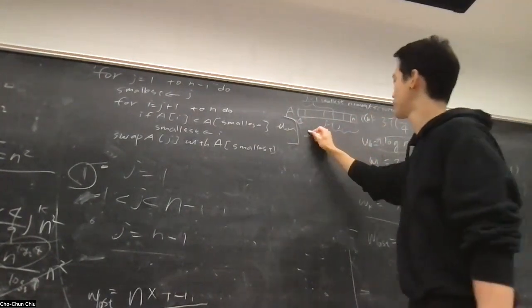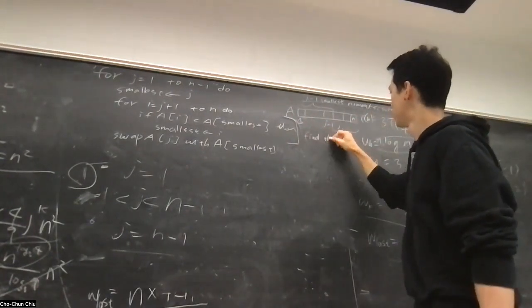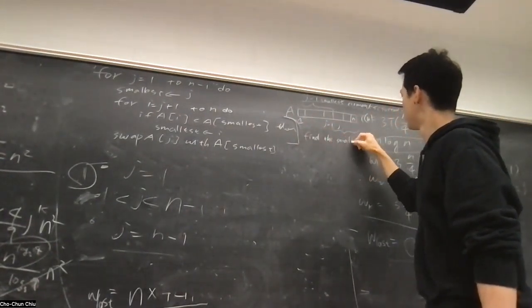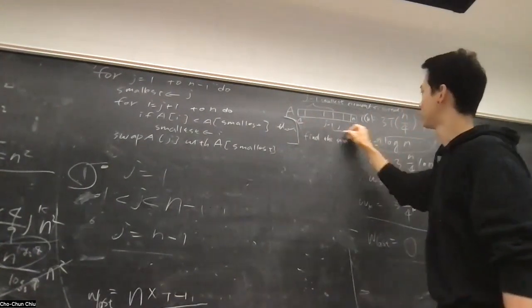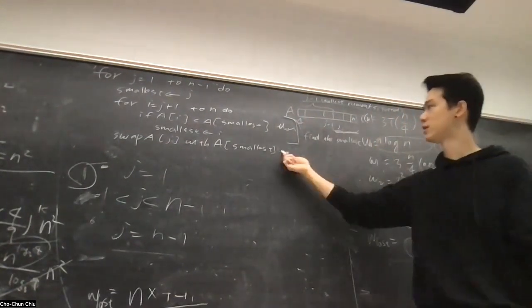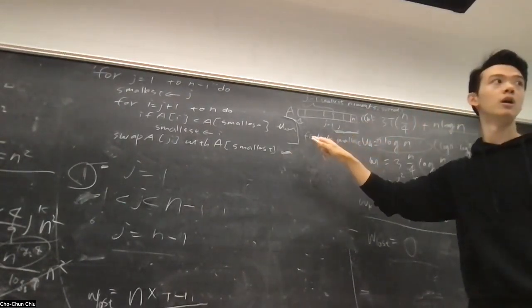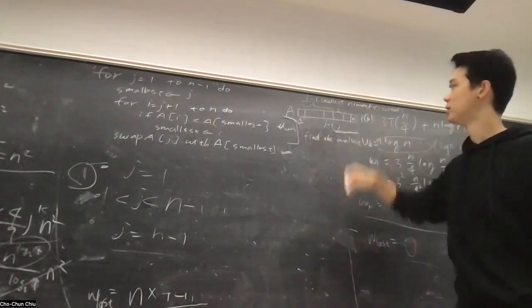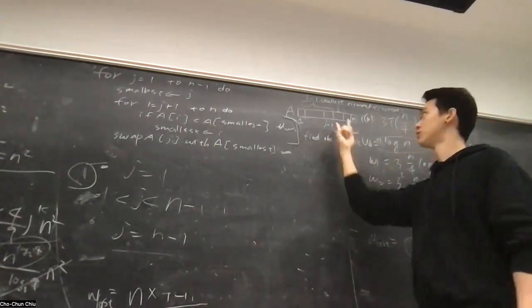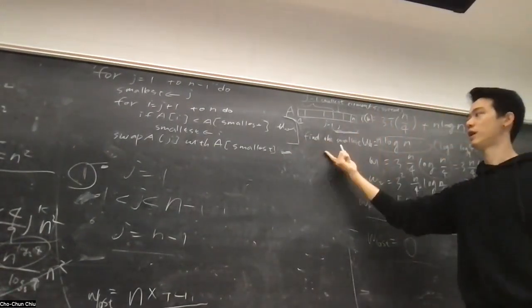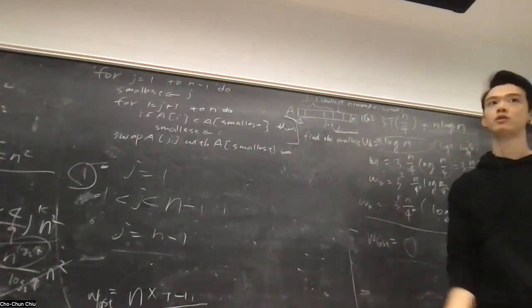So we find the smallest among these elements, and then we put the smallest in j.